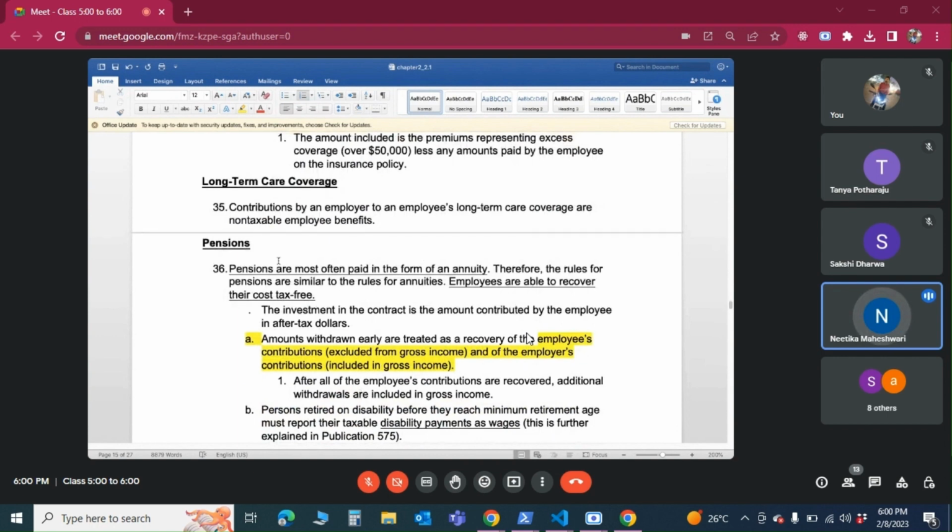Okay, pension. What they're saying is pensions are most often paid in the form of an annuity. Does anyone remember what an annuity is? Rohit, do you remember? Or Anurag?